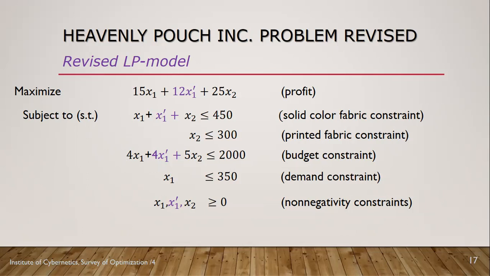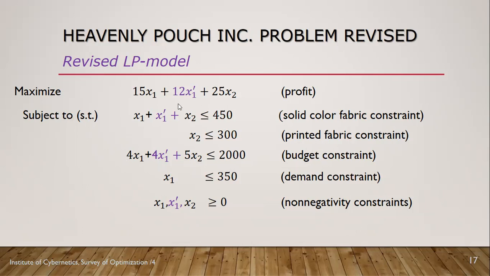The point is that the resources spent on the discounted product and the processes for producing this product are exactly the same. Only the price differs, which is reflected here in the objective function.